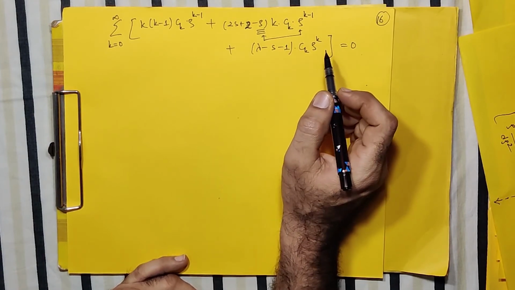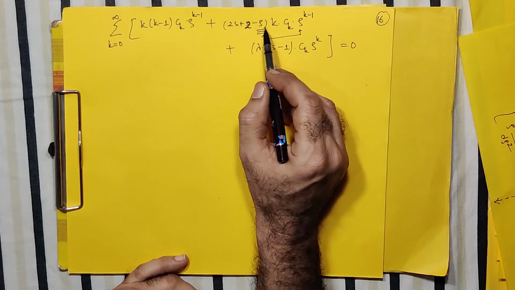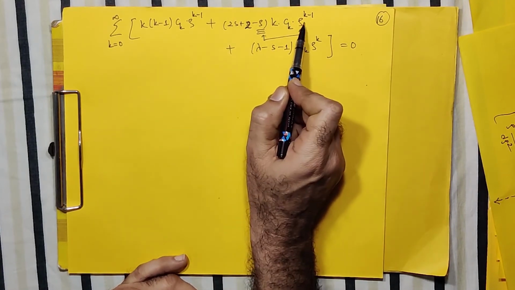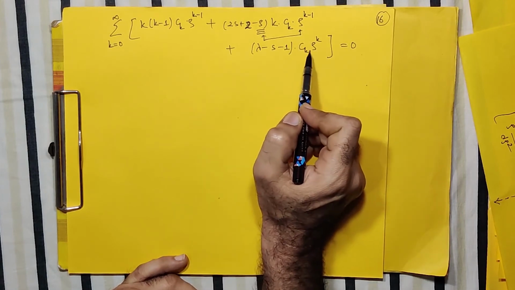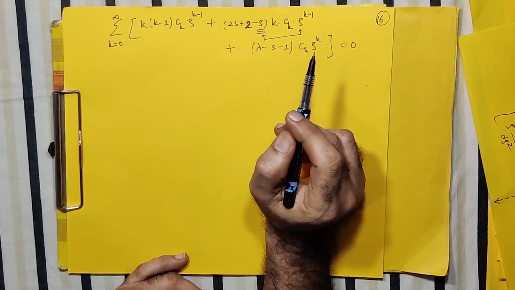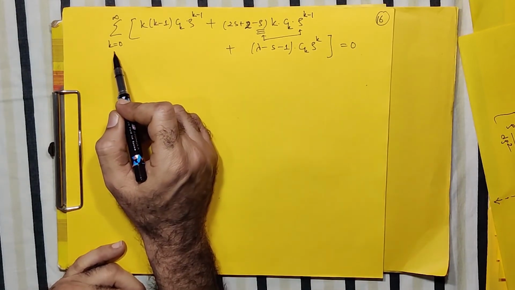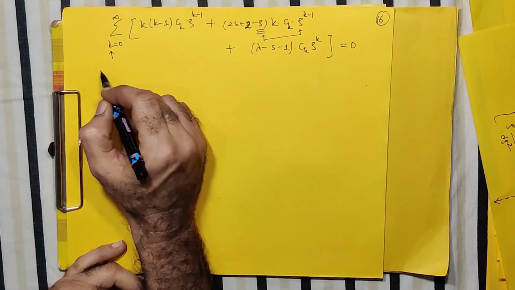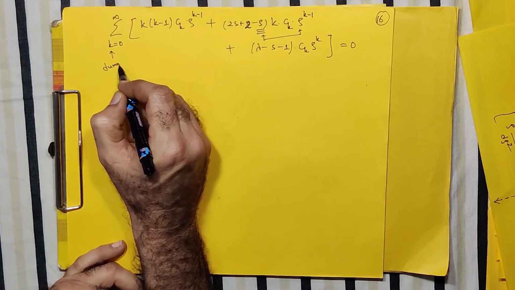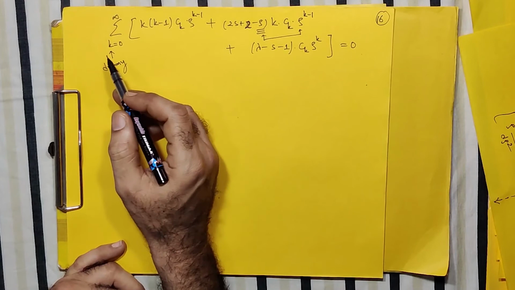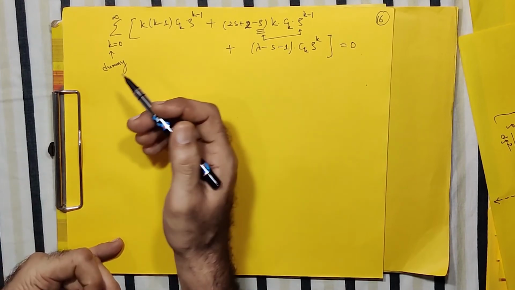So all the terms are now mixed according to their similar power. In the next step, I will open up this bracket, 2s plus 2, one term, and this rho term I will merge with this part. This is one thing I will do. The second thing I will do is that here k is a dummy variable. It is just used to show the summation. Instead of k, I can take p also, or r also.